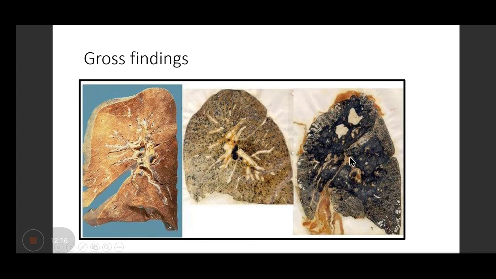This is the case of simple coal workers pneumoconiosis, showing black deposition, and when they coalesce together or progress, it forms larger deposition, and then there can also be cavitation due to ischemic necrosis.